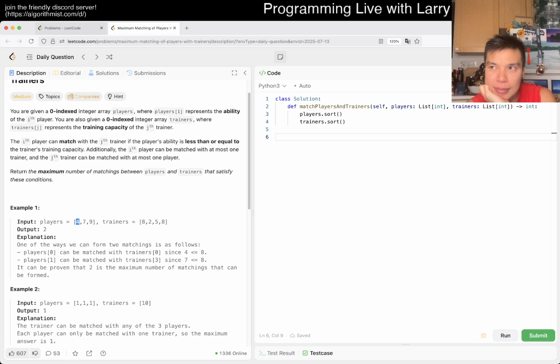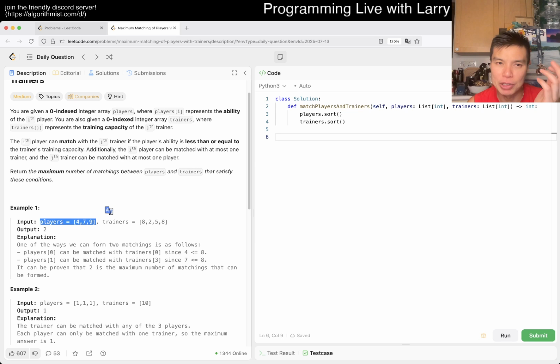And for how would I think about this? The way that I would think about this is maybe 2 ideas, or 1 or 2 similar but distinct ideas that may deal with each other. One is that, because we're dealing with players and trainers, we have to do one of 2 things. We have to iterate through the trainers or iterate through the players.